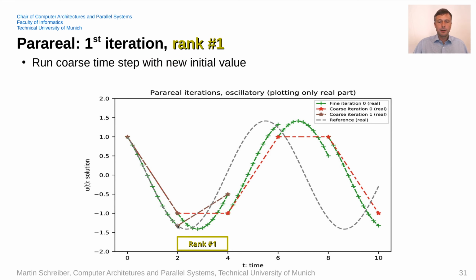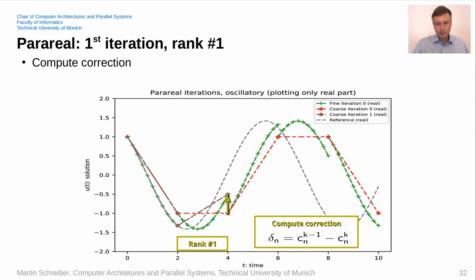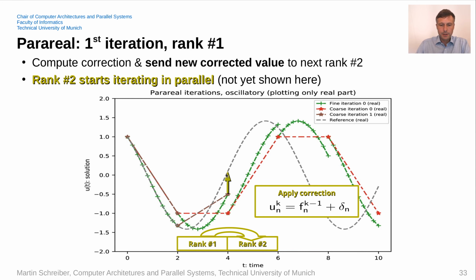There's nothing better than, at least that's what we assume, the highly accurate time integration method. Then you can take that as a new guess here for the fine time stepper, and you get up to that solution here. Then you can compute a correction based on the coarse solutions here, on that one here and that one. And you apply that correction to this one here.